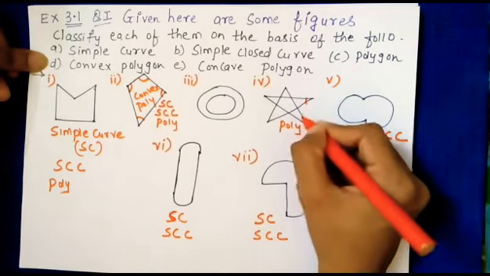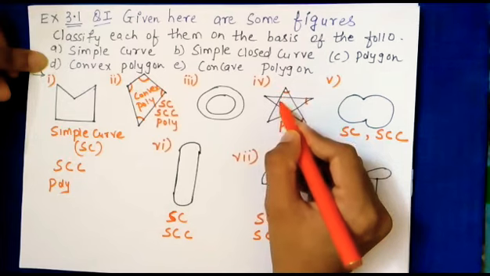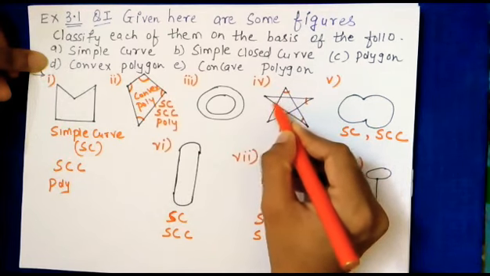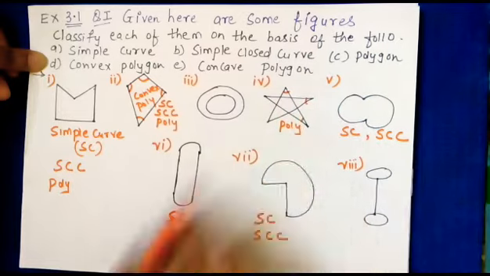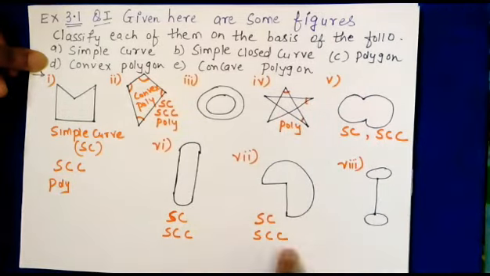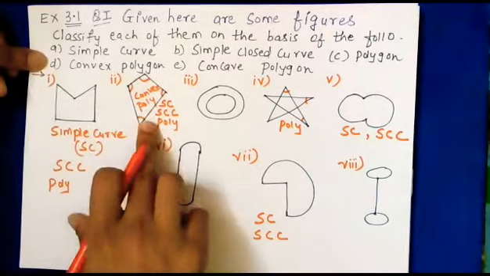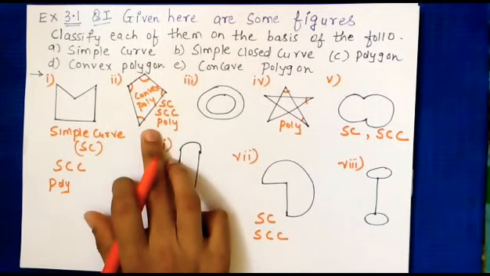If you see, these angles are less than 180 degrees, but if we talk about these angles, they are not less than 180, so this is not a convex polygon. The others are not polygons, so they will not come. So the only convex polygon is the second one.